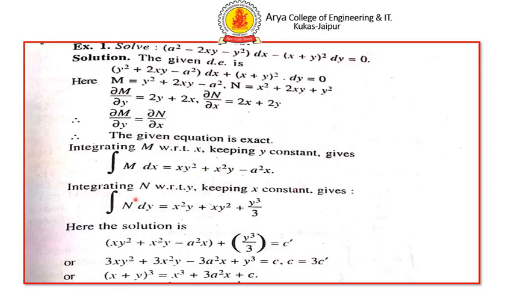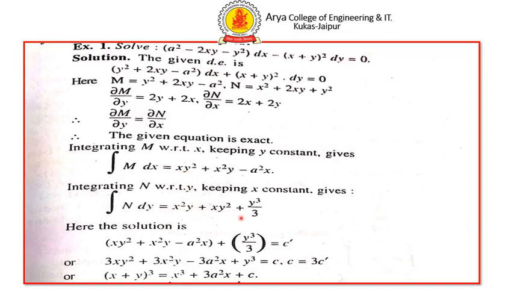For the next step, integrating N with respect to y, keeping x as constant, gives this value. We see that in integral of N dy, the terms x square y and xy square are common terms which have been obtained in integral of M dx.